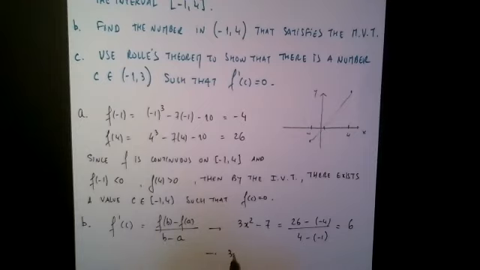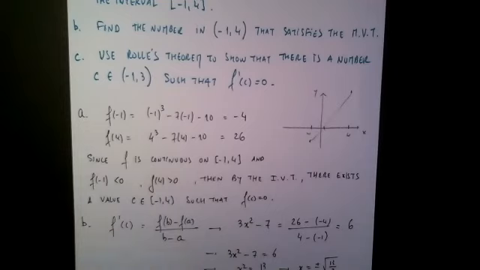Okay, so this means 3x² minus 7 equals 6. x² is 13 over 3. And so x has to be plus or minus the square root of 13 over 3.